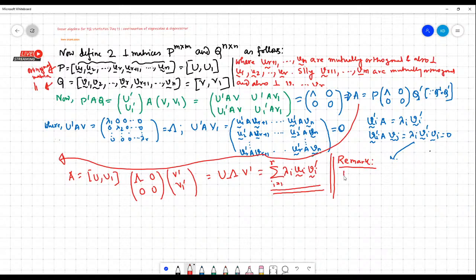I assumed that A is a real symmetric matrix with full rank.